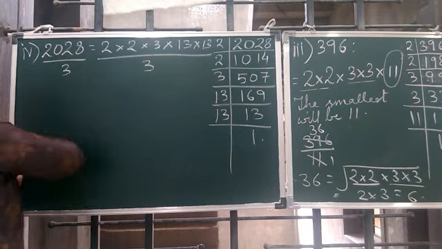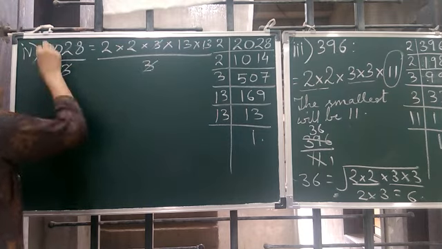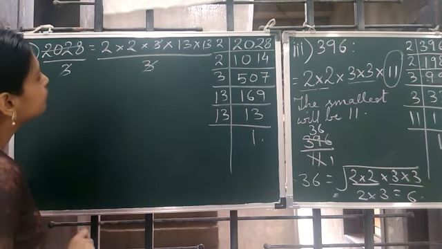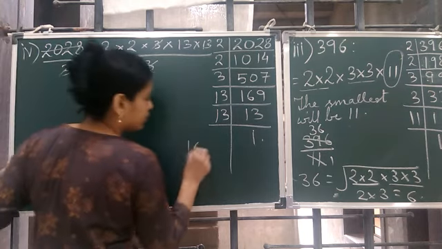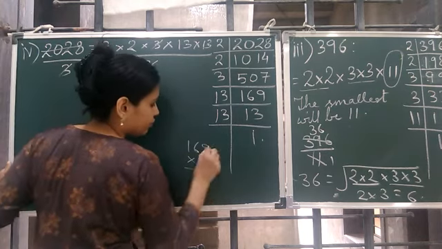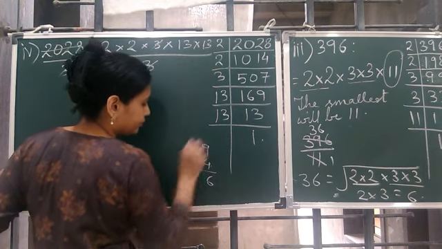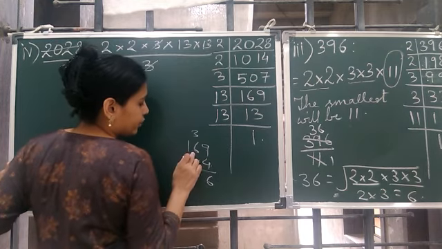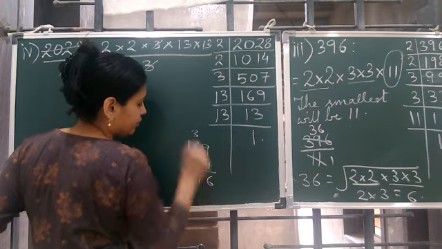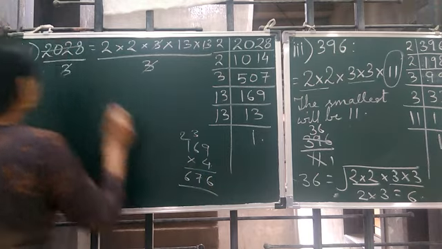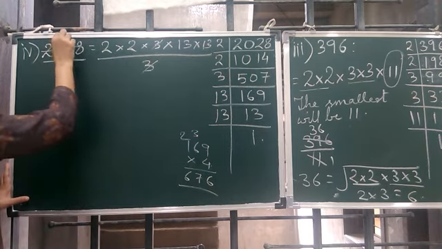That means you will divide by 3. So you divide by 3. What do you get? 2 2s are 4 and 13 13s are 169. 169 into 4. 4 9s are 36. 676. So here what will come? 676.